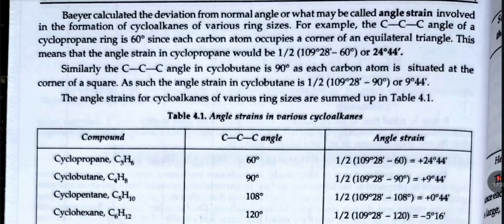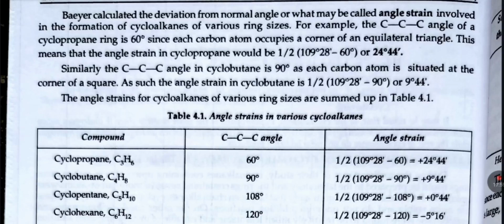For example, the CCC angle of the cyclopropane ring is 60 degrees, since each carbon atom occupies a corner of an equilateral triangle. This means that the angle strain in cyclopropane would be 1/2 of (109 degrees 28 minutes minus 60 degrees), or 24 degrees 44 minutes.